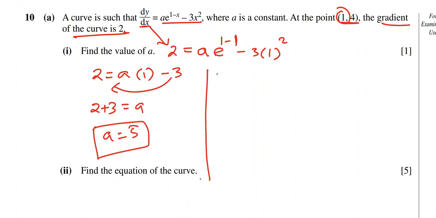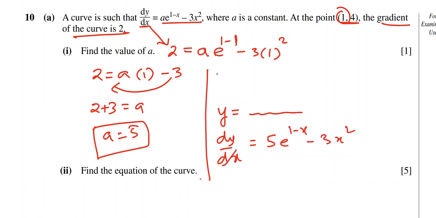Okay. Find the equation of the curve. So we know that the equation of any curve is in this format, y equals something. So if we convert dy over dx equal to 5 e to the power 1 minus x minus 3x squared, by removing this dx and multiplying it here, it will be the same thing, and then we can integrate so that dy is integrated to y.